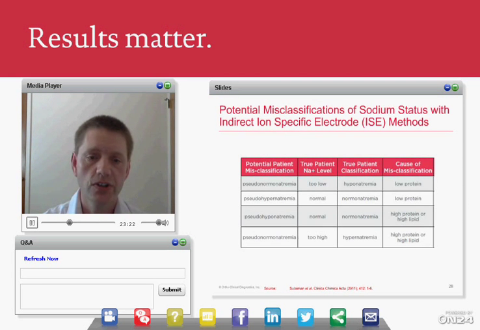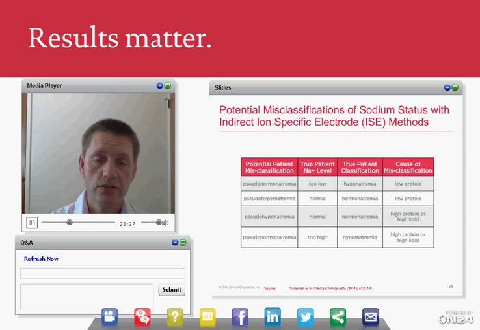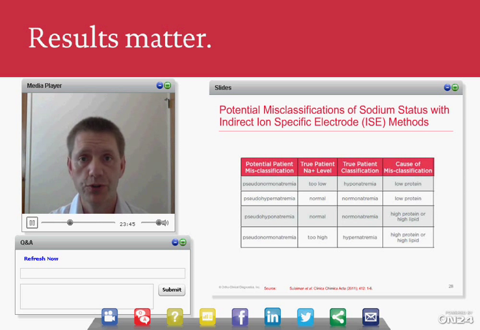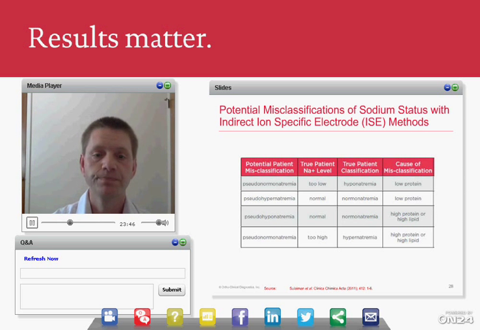So here's just a listing of the potential misclassifications that can occur. You can get pseudonormonatremia. In this case, if you have low protein, you can get pseudonormonatremia in a patient who truly has hyponatremia or low sodium.